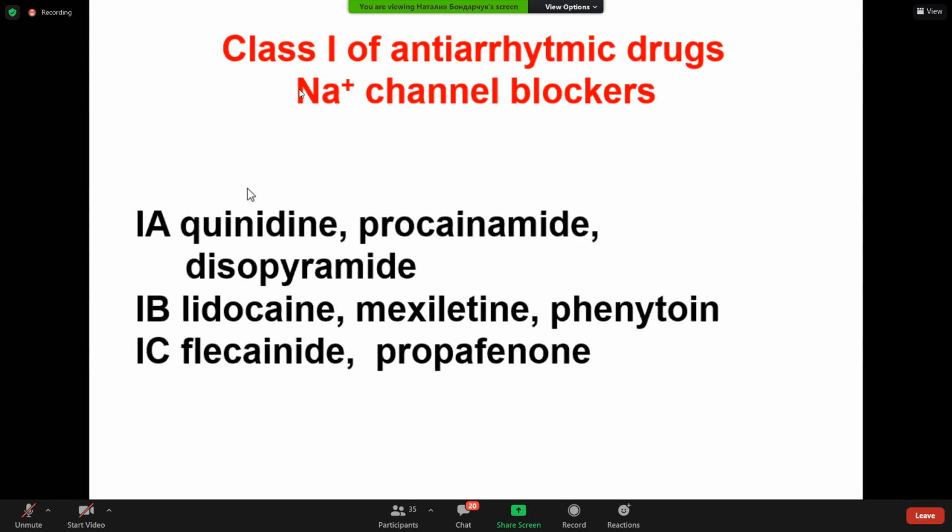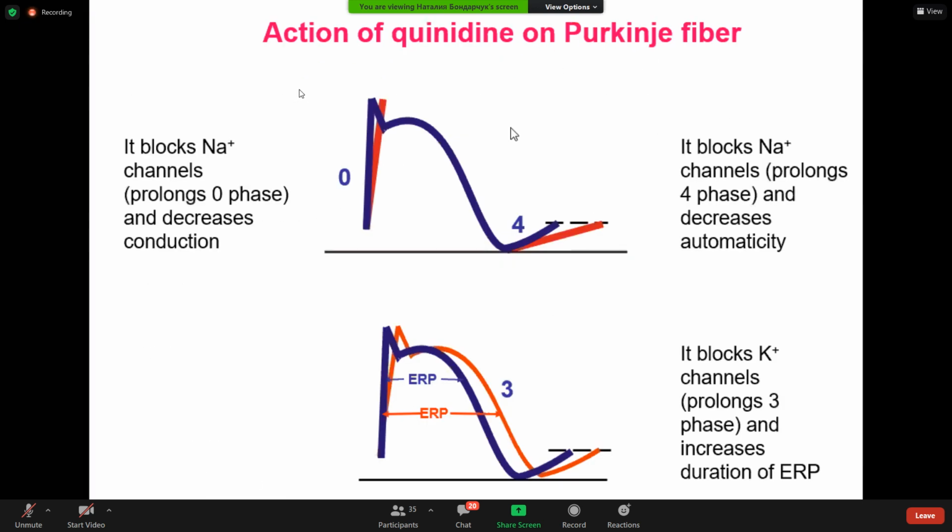Quinidine is the common drug of the 1A subclass of the sodium channel blockers. Its antiarrhythmic action: according to the mechanism of action, quinidine blocks sodium channels, and if you remember, sodium ions play the major role during the zero phase and the fourth phase. So that's why quinidine affects the zero phase and the fourth phase.